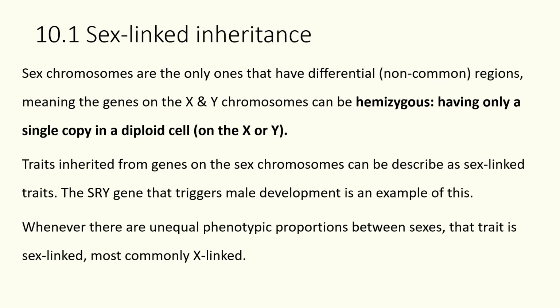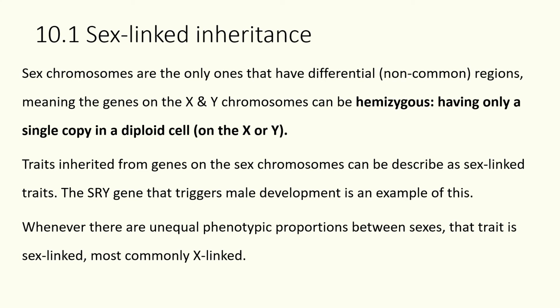The X and the Y chromosome are very similar, apart from the Y chromosome dropping a leg, and when it drops that leg, it loses some genes. Traits inherited from genes on the sex chromosomes are sex-linked traits because they're inherited on the X and Y chromosomes. The SRY transcription factor gene that we talked about previously is an example of this, inherited on the Y.